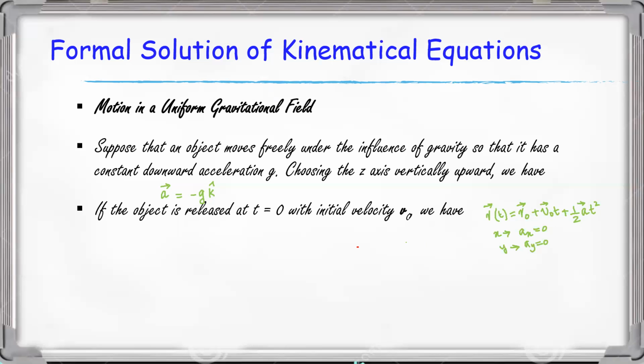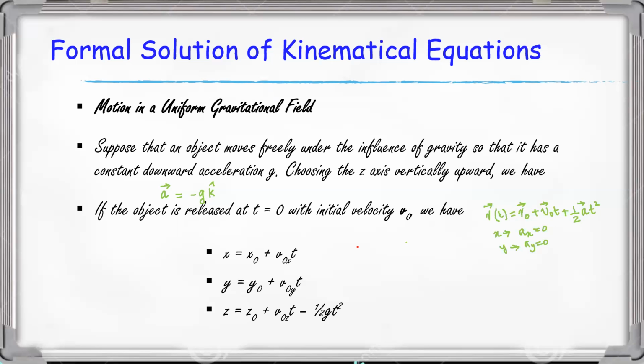Then we can express it. First we write the expression for x. x must be equal to x0 plus v0x t, and y is equal to y0 plus v0y into t, and finally z is equal to z0 plus v0z into t minus half g t square.